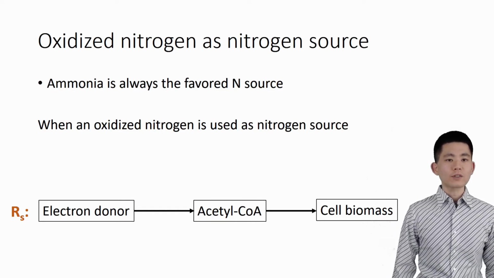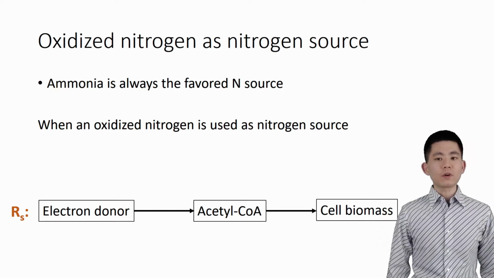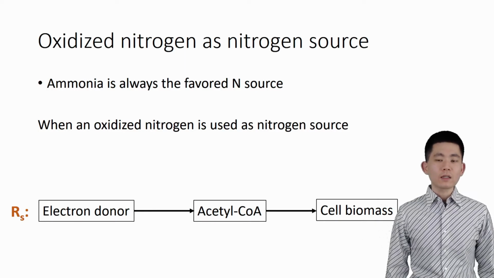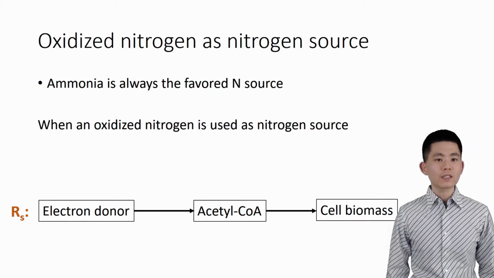Compared to other oxidized nitrogen like nitrates, microorganisms prefer to use ammonia as the nitrogen source for cell synthesis because it is already in the -3 oxidation state. But when ammonia is not available, other nitrogen species available will be used for cell synthesis after being reduced to a -3 oxidation state.